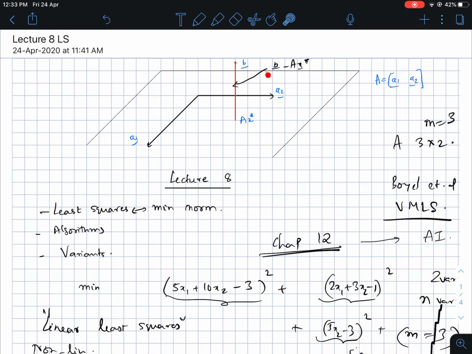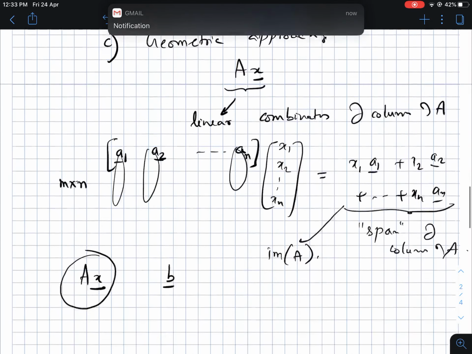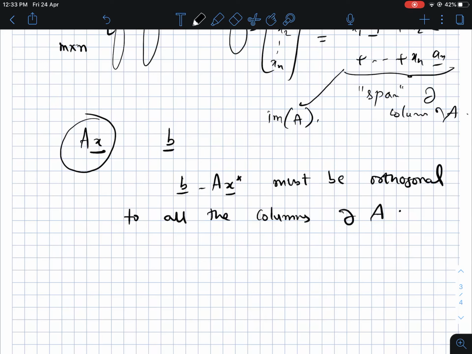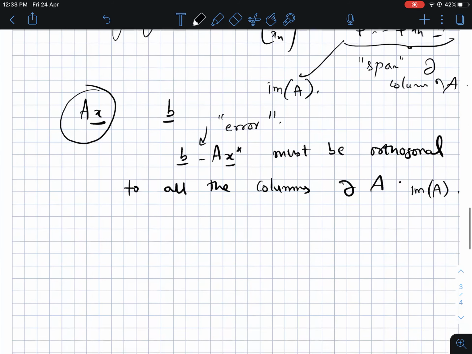In other words, b minus Ax star must be orthogonal to all the columns of A. In some sense this is the error. We can call this the error. The error must be orthogonal to all the columns, so in other words, it must be orthogonal to the image.